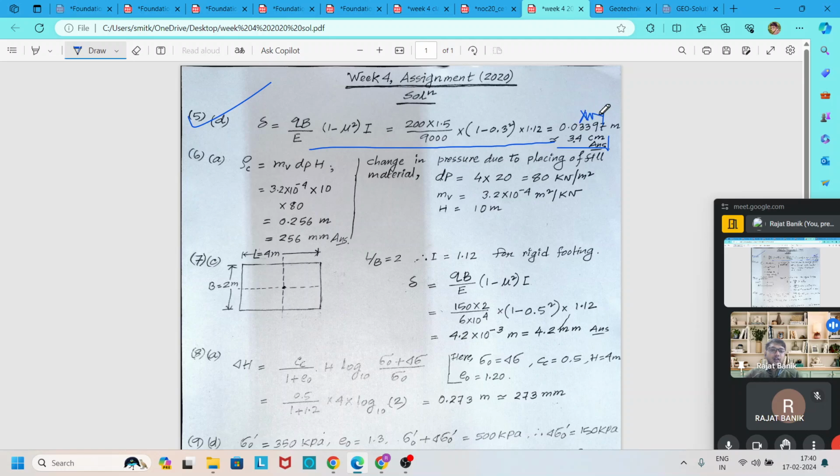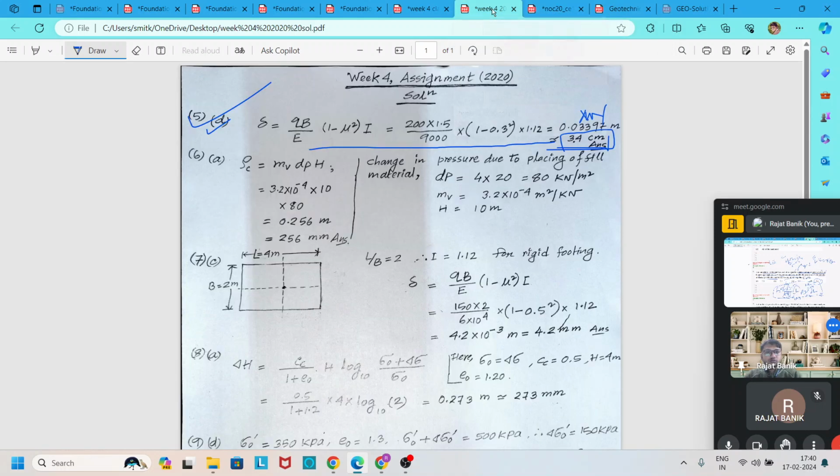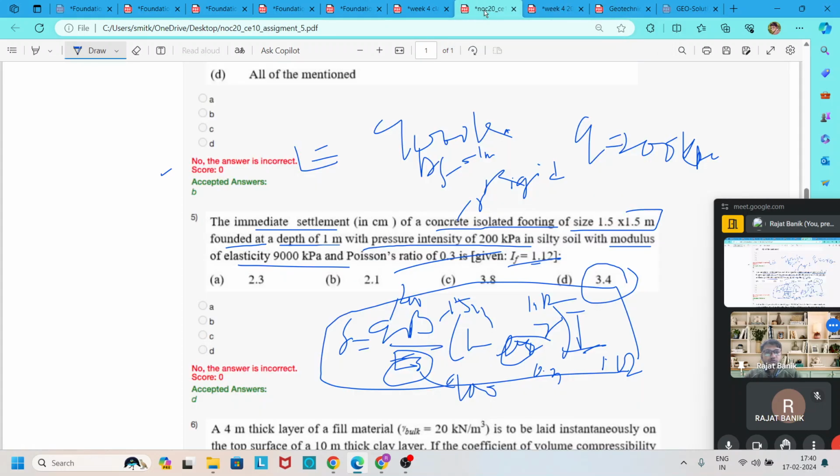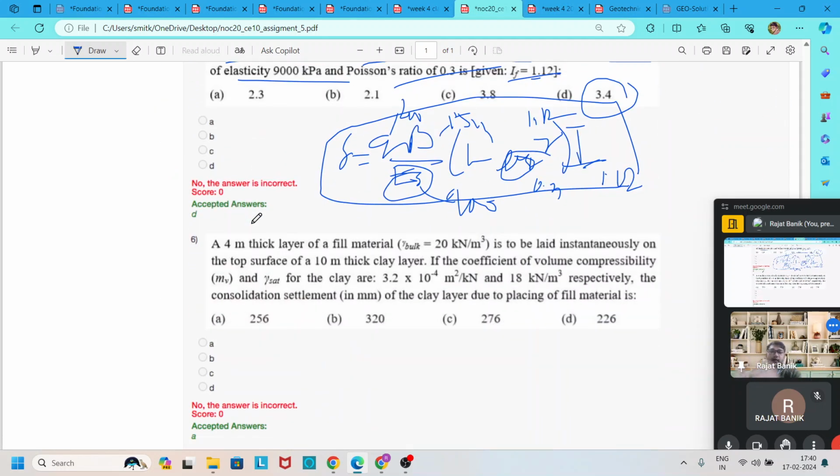Multiply by 100, and it will become centimeter, and the answer is 3.4 centimeter. Option D. Now I think this question is understandable to everyone. Now we will go to question number 6.